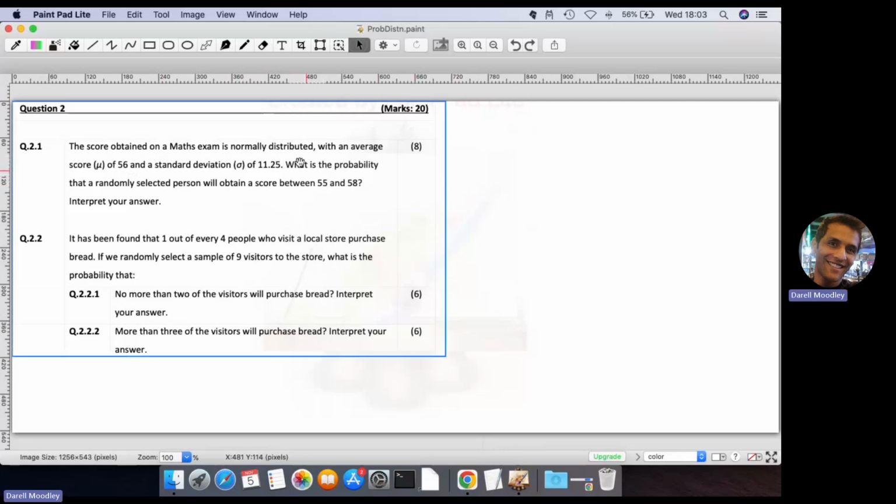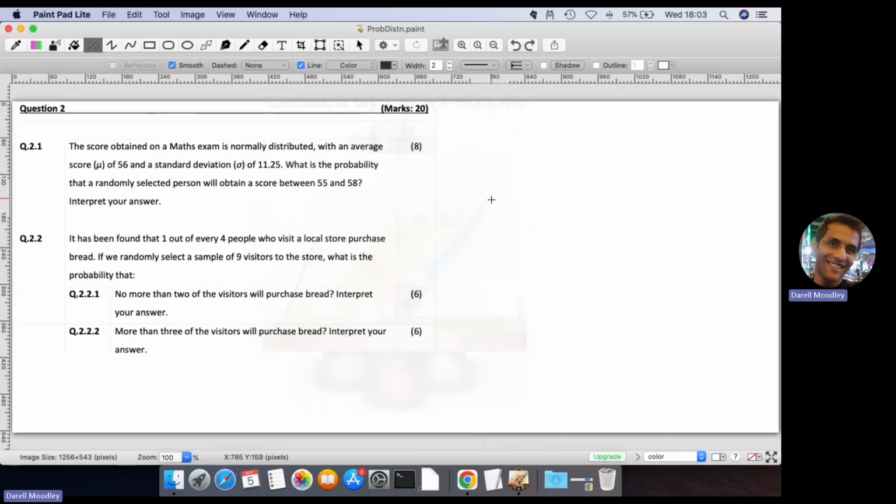What they're telling us is that the exam scores follow the normal distribution. In other words, if we had to draw the distribution, it would be a bell-shaped curve. So I'll start sketching on the right here.